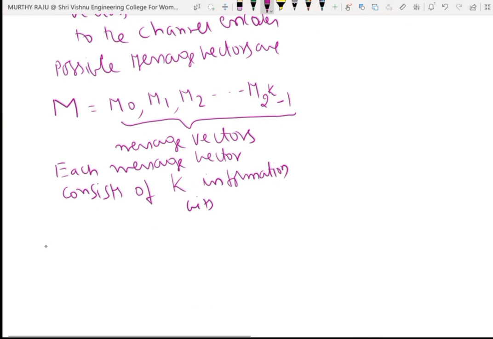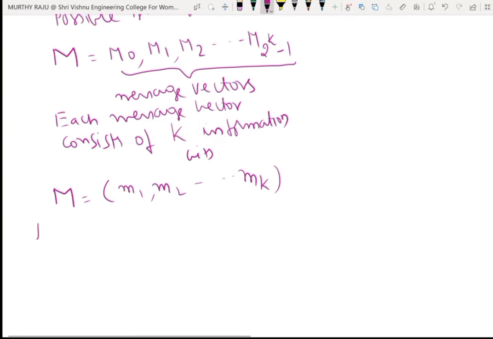Therefore, all possible message vectors are represented as M is equal to M0, M1, M2, and so on up to M 2 power k minus 1. Here each message vector is m1, m2, individual message bits, and so on up to mk.